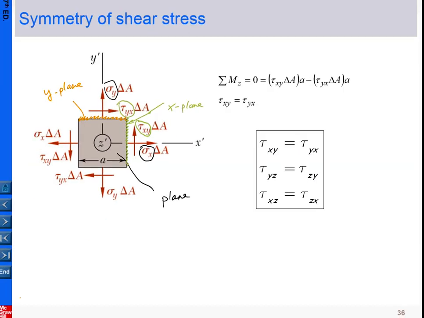Now in this slide, we introduce the equilibrium about the z direction equal to 0. Basically we have this formula. This is the small force multiplied by the arm distance, so that is the shear component about this point, for example. We have such a formulation.